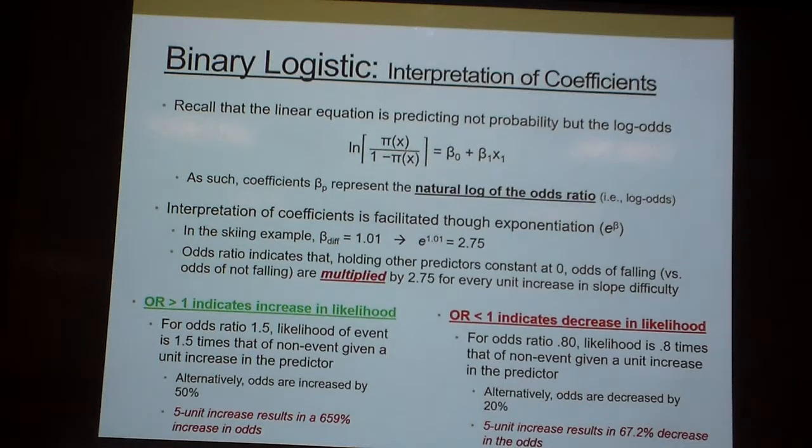Okay. So the odds of falling in spring for, what's our other predictor? Trail difficulty. And if 0 is easy, our intercept is going to be the odds of falling for an individual skiing on an easy trail in the spring. See what I mean?